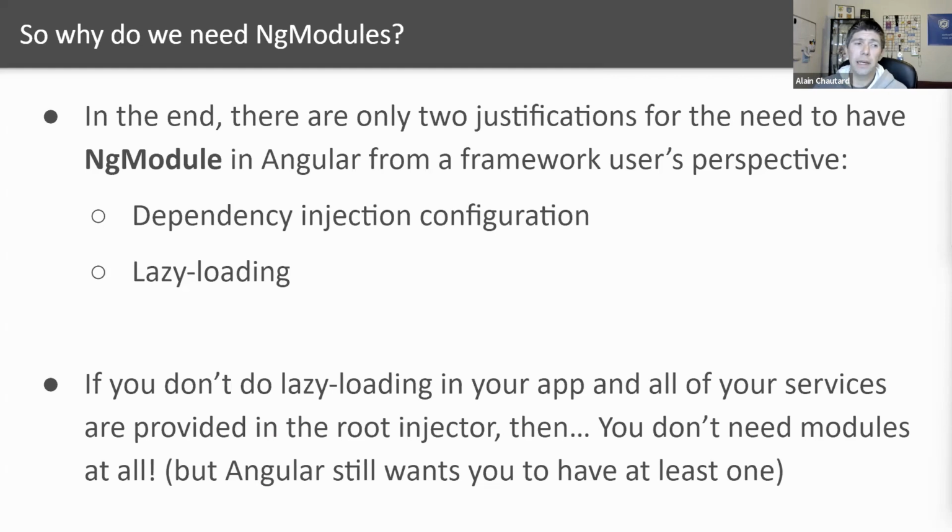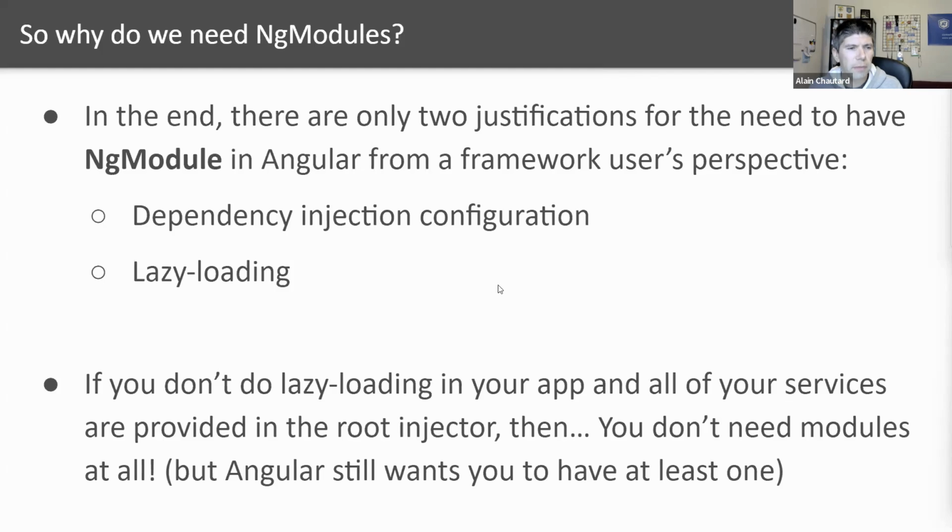So we could say, if I don't do lazy loading and all of my services are provided in the root injector and I don't have any providers in the app module, then I don't really need any of them, right? But Angular still wants me to have at least one app module.